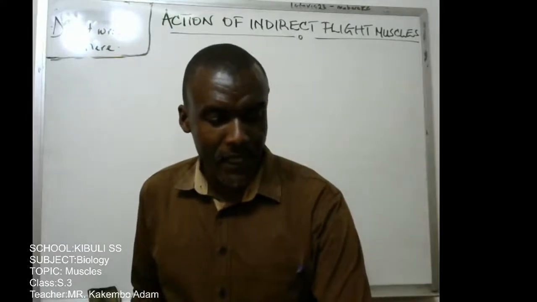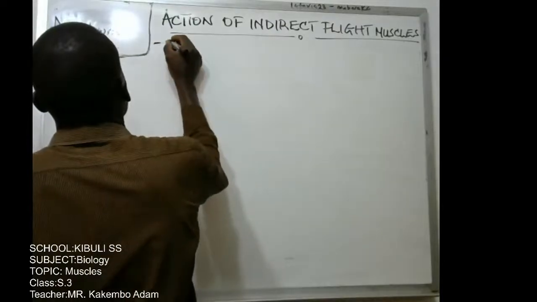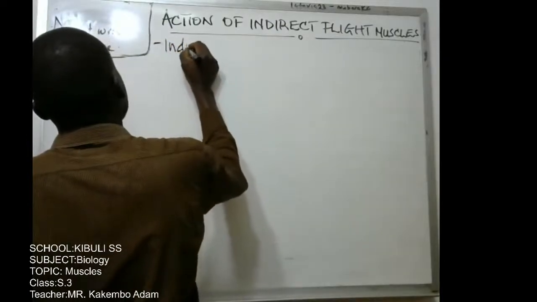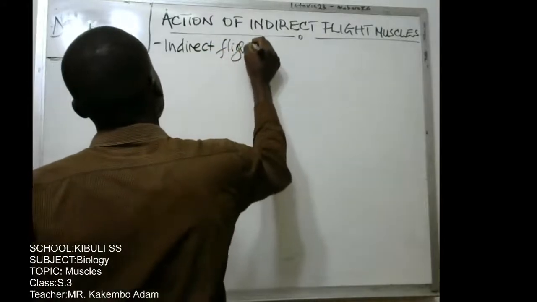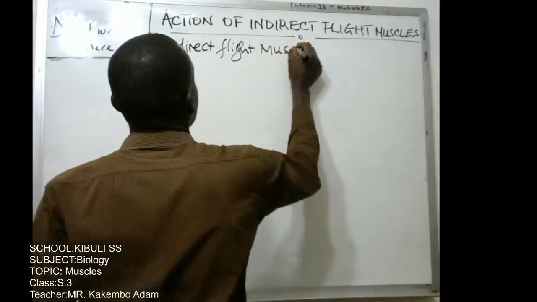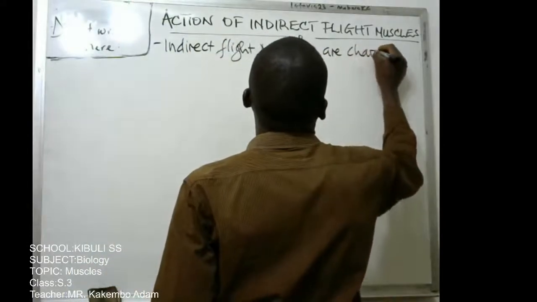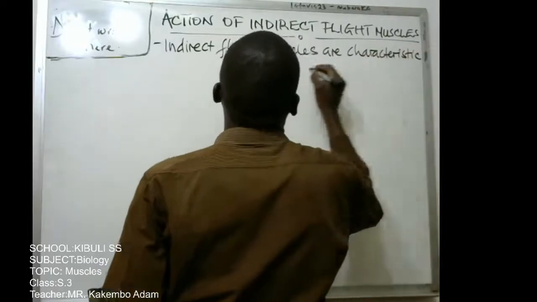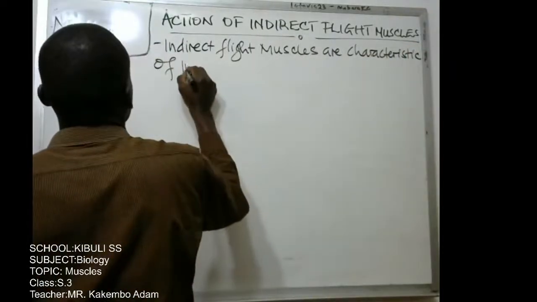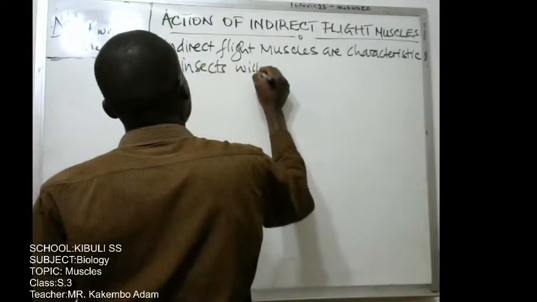Indirect flight muscles are characteristic of insects with small wings.